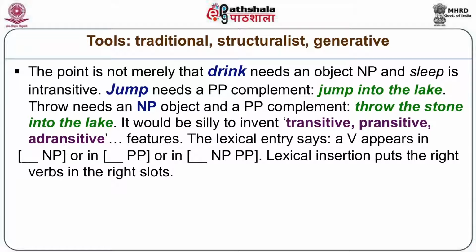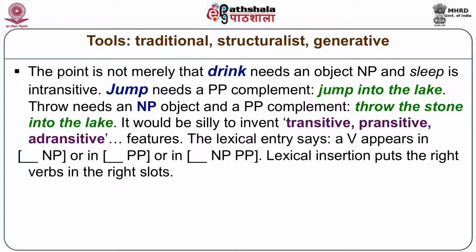You say jump into the lake. Laugh takes a prepositional phrase complement, laugh at John. There are other verbs which take both an NP object and a PP complement. For example, throw the stone into the lake, where throw takes the NP object, the stone, and the PP complement into the lake.